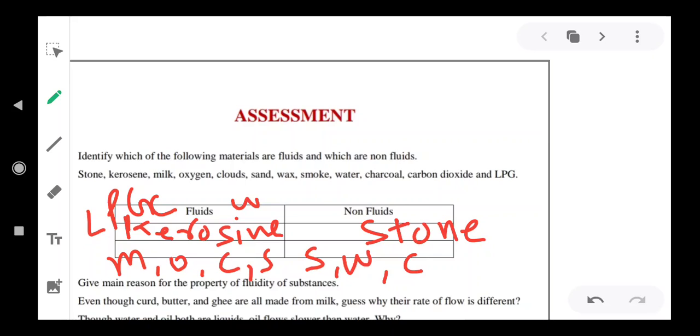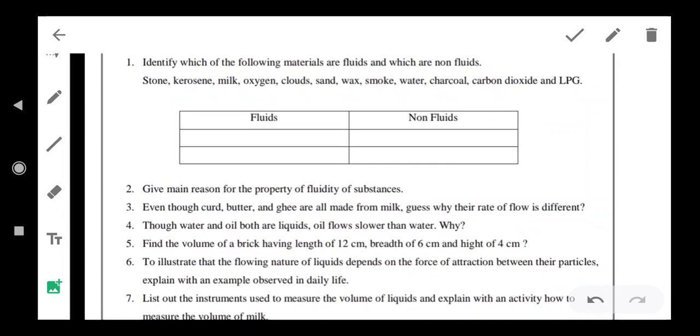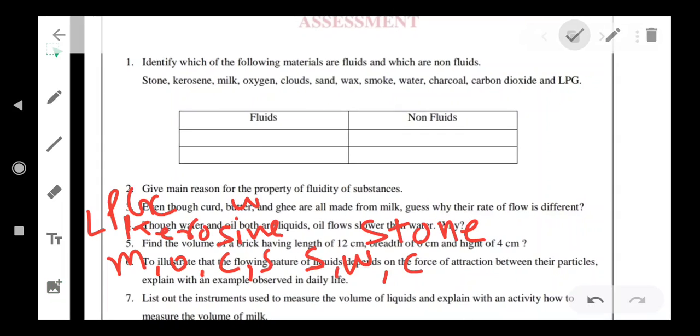So this is your answer for the first question. Okay, we go for the next one. Give the main reason for the property of fluidity of substances. Already we discussed it.